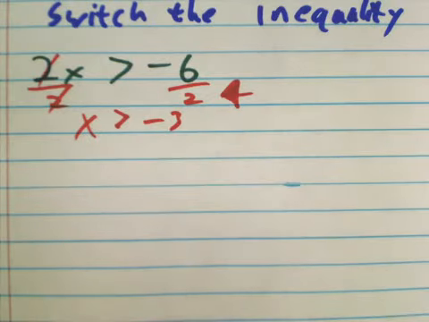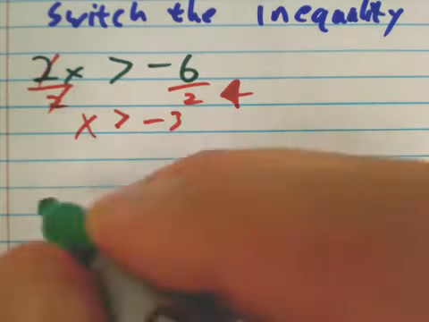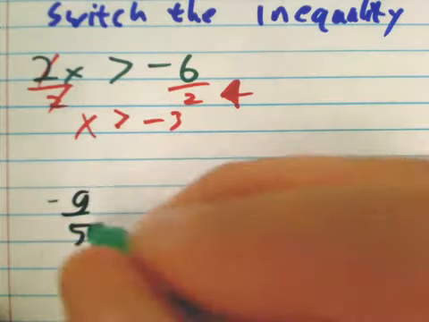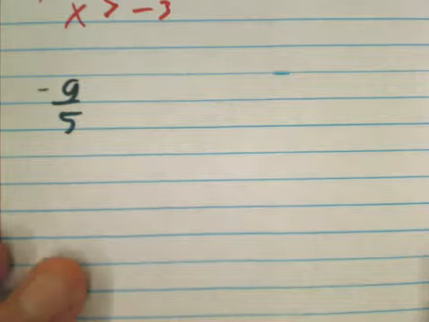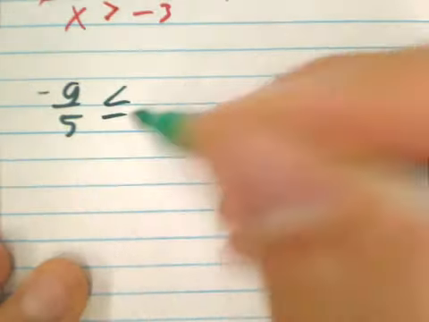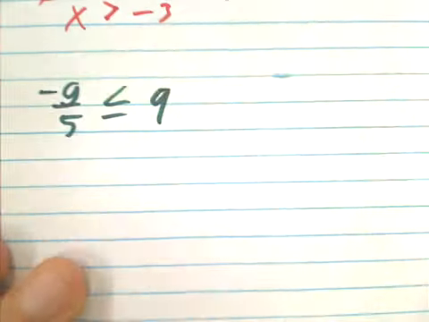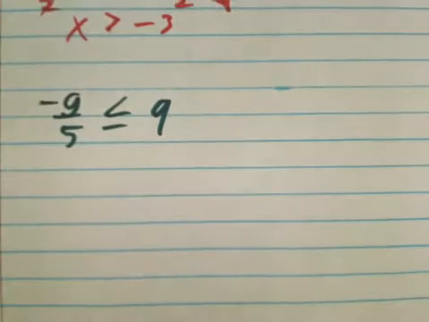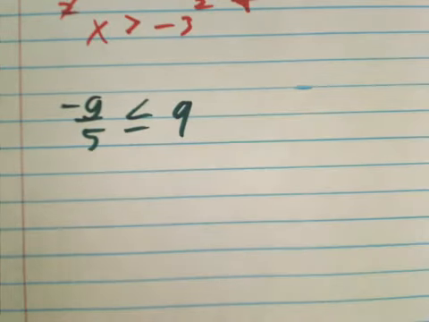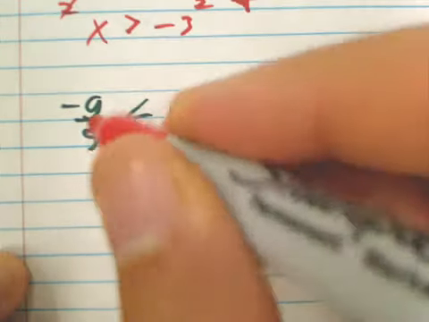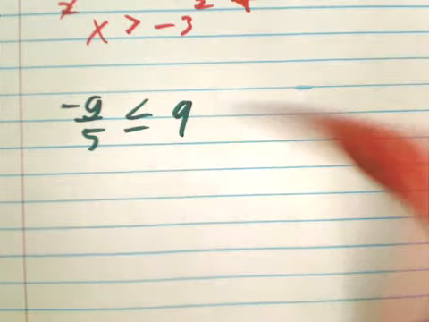Let's do another one. Negative g over 5 is less than or equal to 9. Well, I'm going to multiply by negative 5. This means g divided by 5, and it's negative as well.